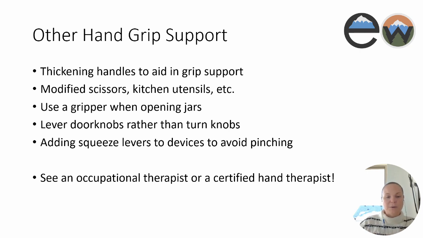It'd be super helpful. Some that are very affected with their fingers might have to use lever doorknobs rather than turning doorknobs, just a little bit easier on the hands. And then adding the squeeze lever devices so that we're not pinching, but we have a larger grip device to be able to access certain things that require pinching.